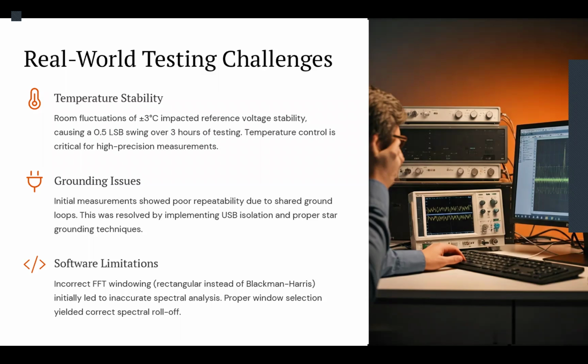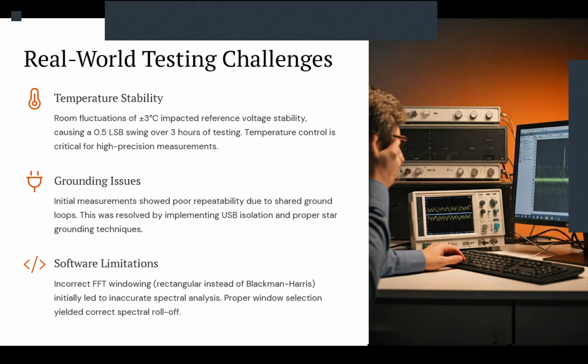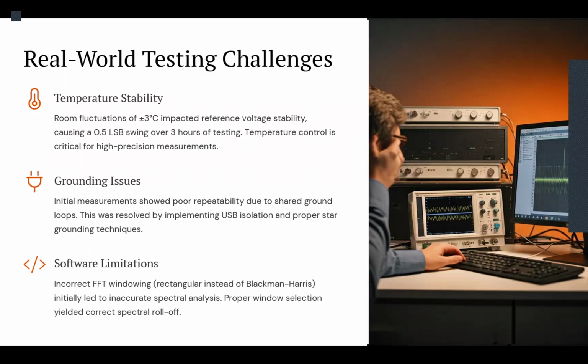Another challenge that we have is the grounding issue. Particularly in a USB-based test setup, when multiple instruments share a common ground, ground loops are created. These loops introduce unwanted current and common mode noise. In the case study that we have, poor grounding led to inconsistent static measurements.